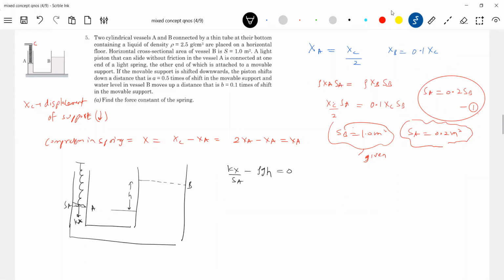H should be equal to XB, no? The rising level of liquid. Substituting that, K x by SA minus rho g XB equal to 0, where x is equal to XA.